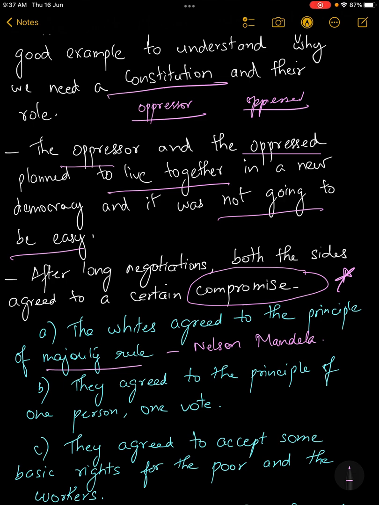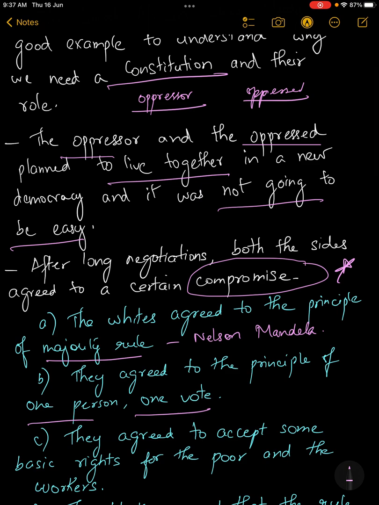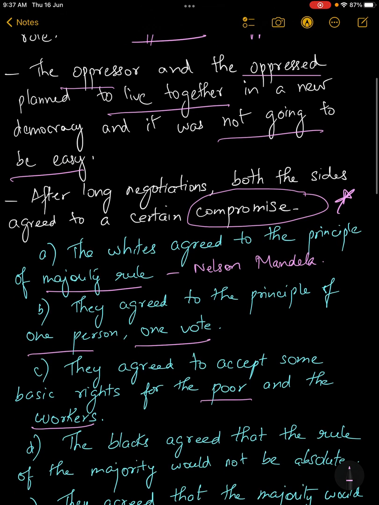They agreed to the principle of majority rule. They agreed to universal adult franchise as well, that is one person, one vote, one value. They also agreed to some basic fundamental rights for the poor, the marginalized, the workers, and so on and so forth. They agreed to that as well, right?